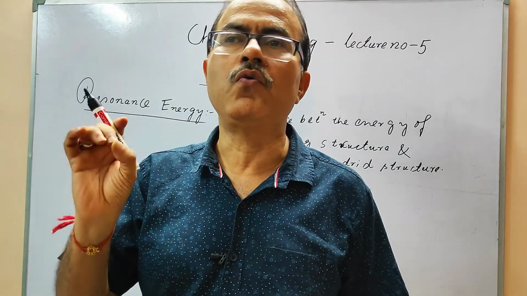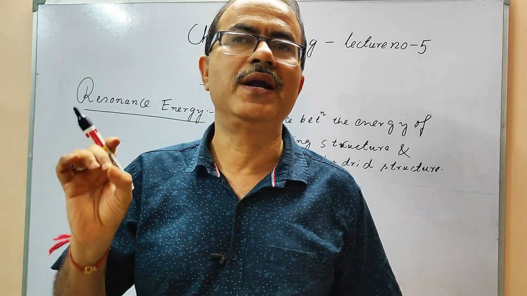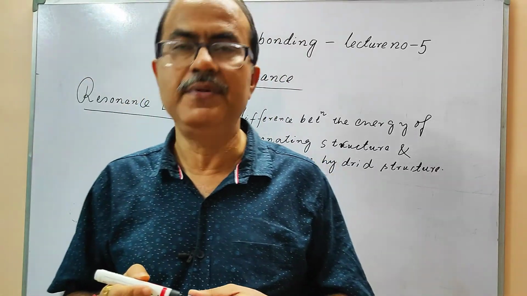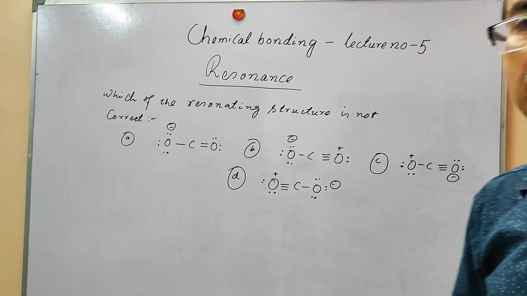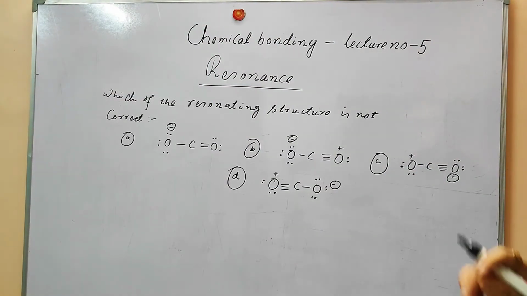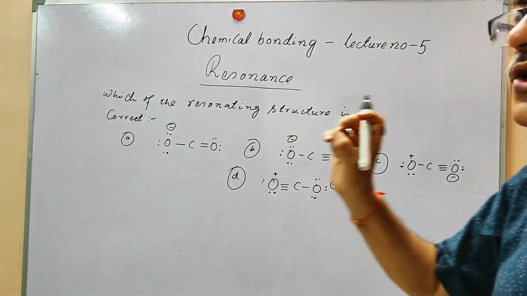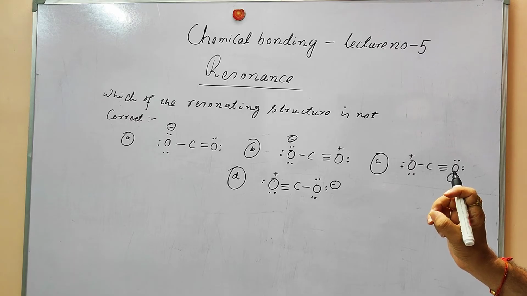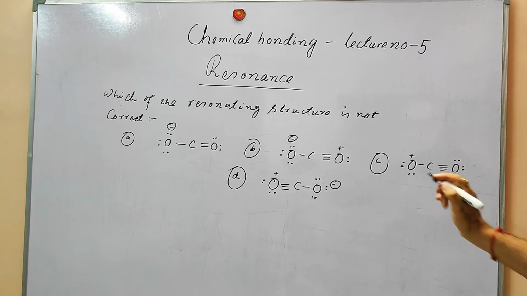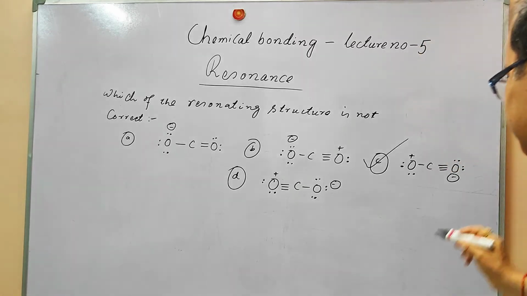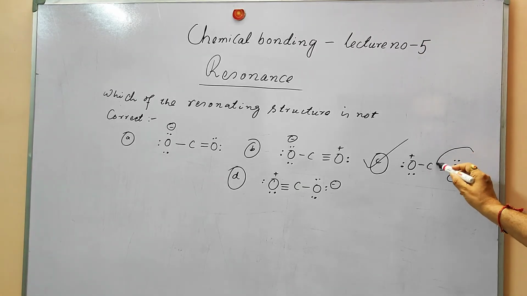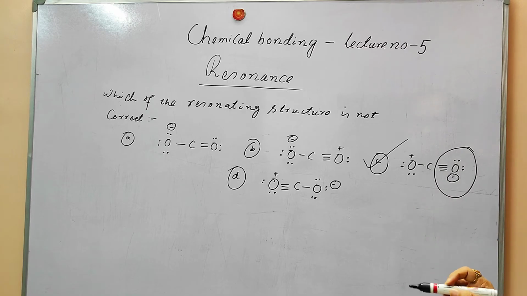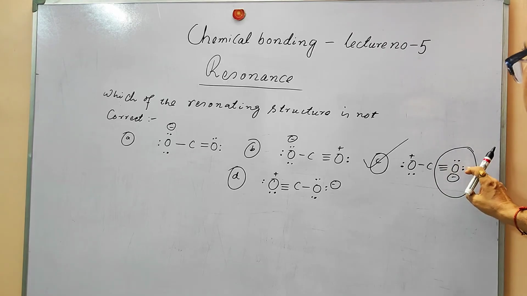Now let us take one example to understand which type of questions may come in your exam. This type of question may come: which of the resonating structures is not correct? The answer in this case will be this one, because here the oxygen atom is displayed with 10 electrons.